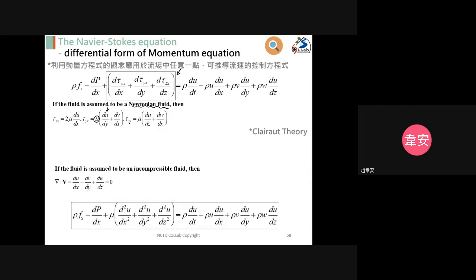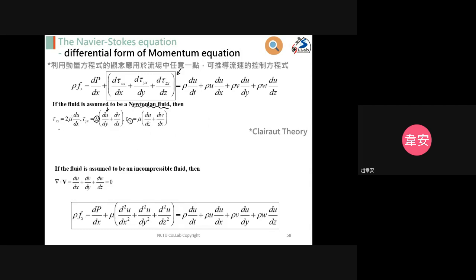And tau zx is equal to mu multiplied by du dz plus dw dx. So this is our first assumption, our fluid particle is Newtonian fluid. Then we satisfy the following equations.